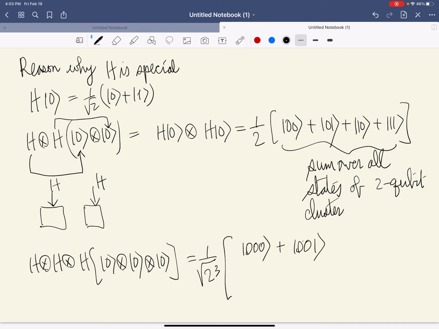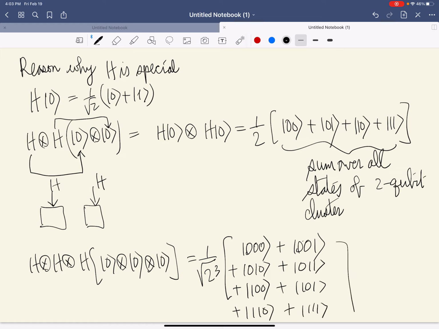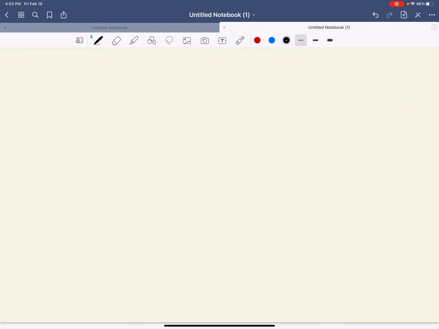So this is a sum of all 8 possible states: 0, 0, 0, 0, 0, 1, 0, 1, 0, 0, 1, 1, 1, 0, 0, 1, 0, 1, 1, 1, 0, and 1, 1, 1. Okay. And obviously this trend is going to continue.